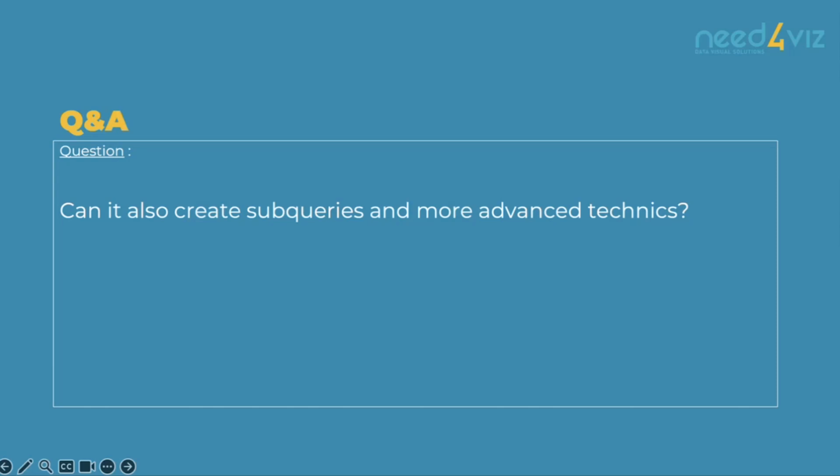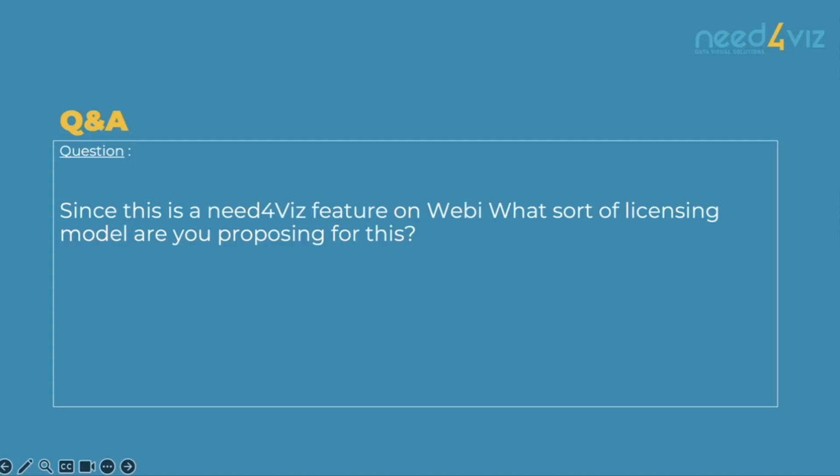Okay, great. And maybe perhaps you can answer this one as well. Since it's the Need for Viz feature on WebI, what sort of licensing model are you proposing for this? We are using the same licensing model that we have with N4V for WebI. So if you want to know more about that, feel free to contact us.